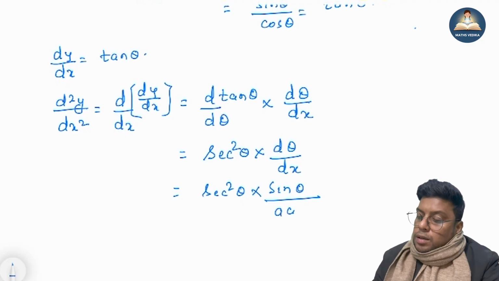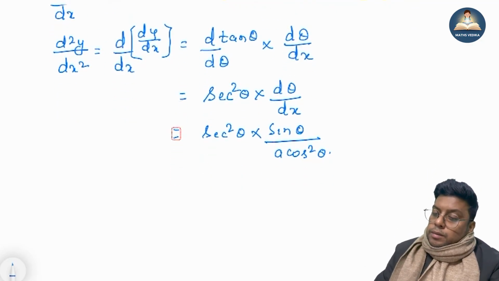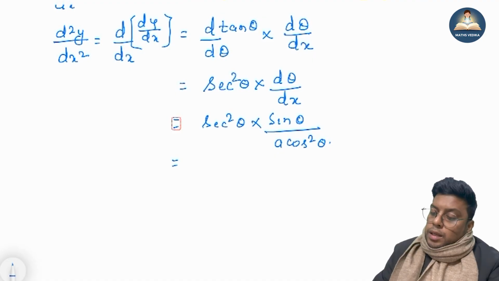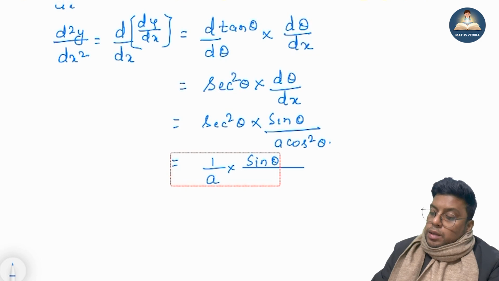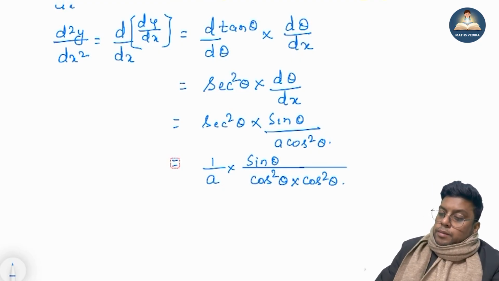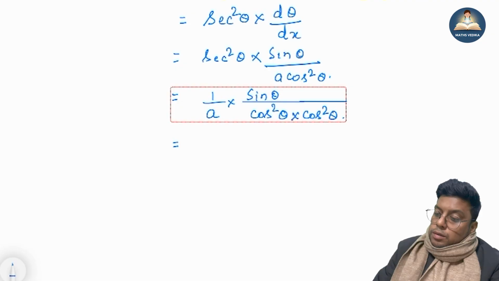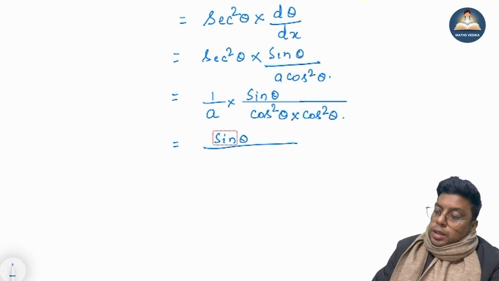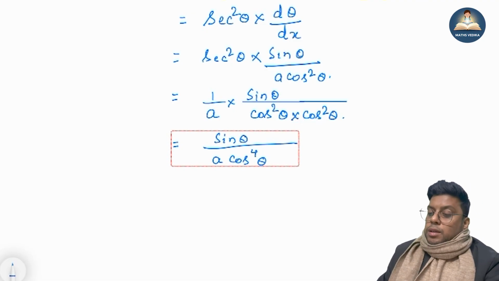Sec square theta can be written as 1 by cos square theta, so this is equal to sin theta by a cos to the power 4 theta.